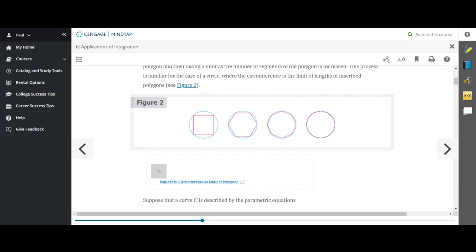Well, you could use line segments, and like in the first picture there, you could add the lengths of the 4 sides of that box, and that would get you an approximation to the length of the circle.